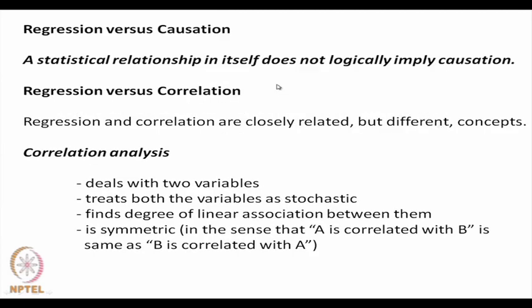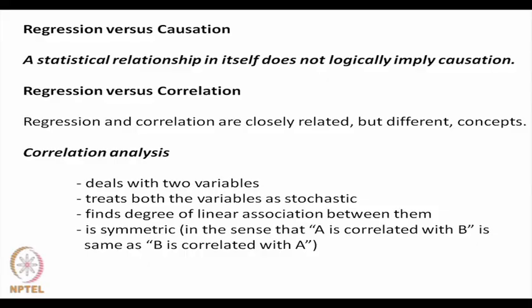Regression is not same as causation. A statistical relationship in itself does not logically imply causation. Regression is related to correlation, but they are different concepts. Correlation deals with two variables, treats both variables as stochastic and finds linear relationship or association between them.